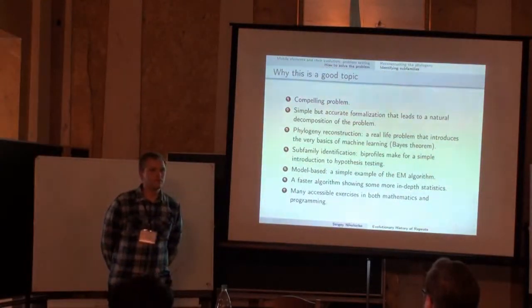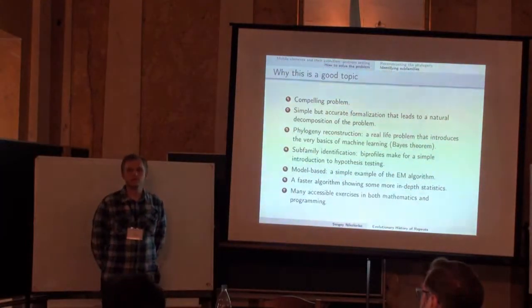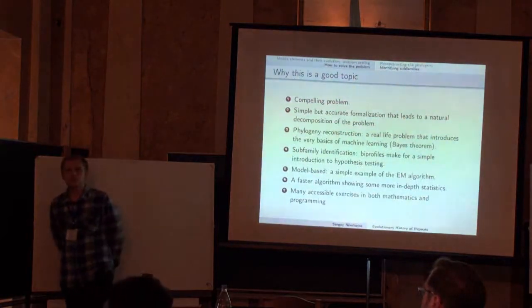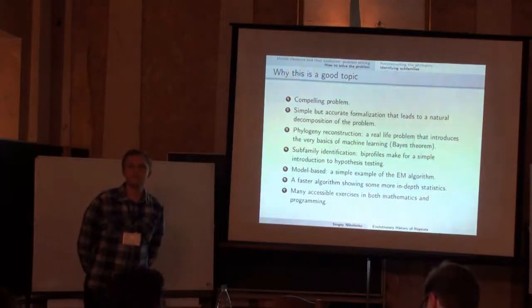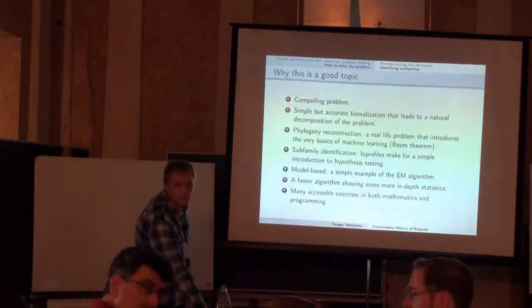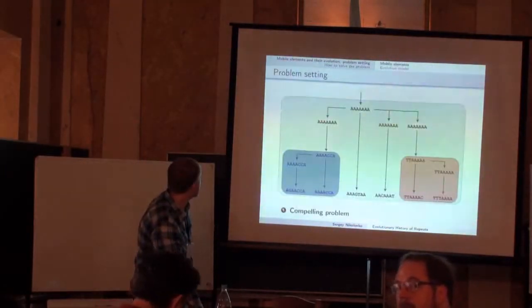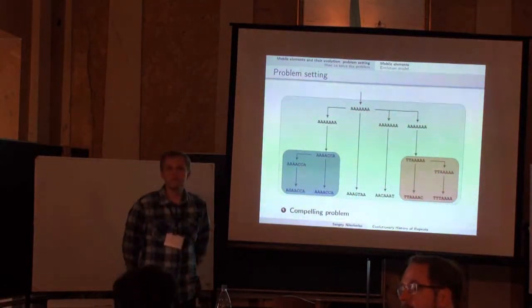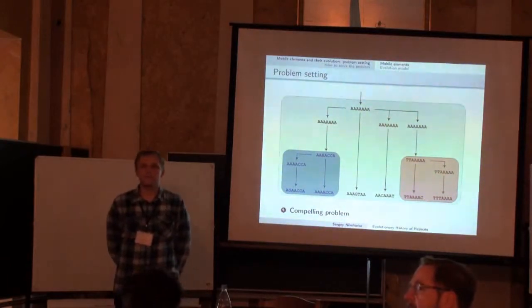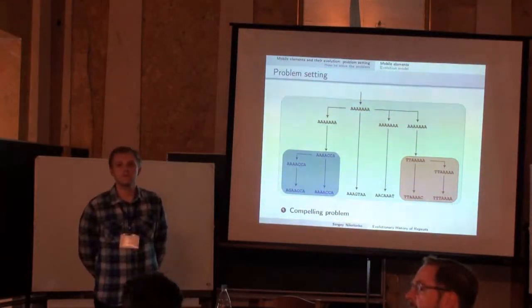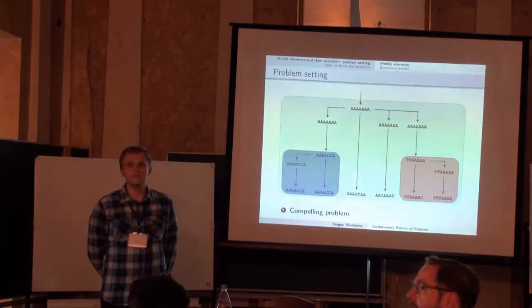Okay, the last very short question. So I have one short question or comment. You have started with a very simple and accurate, very nice formalization of the problem, and then you said that the problem will naturally decompose into two problems, and then proceeded with these two completely different algorithms.